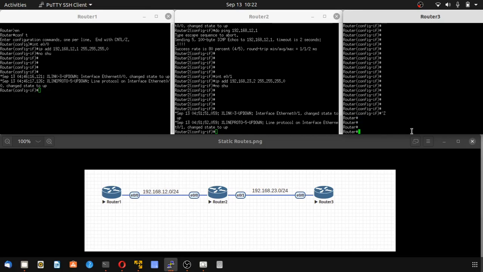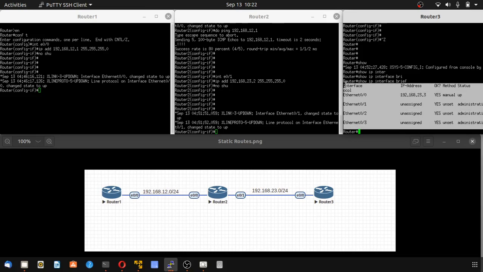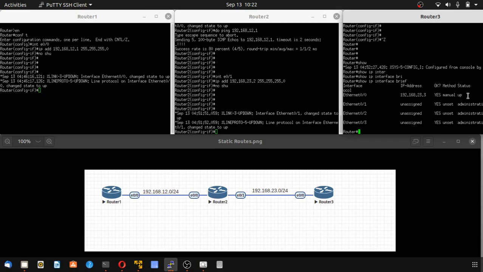You can verify with the show ip interface brief command that this interface is up. My router has 4 Ethernet interfaces, and I am using Eth0, as you can see in the topology as well, and this is up.